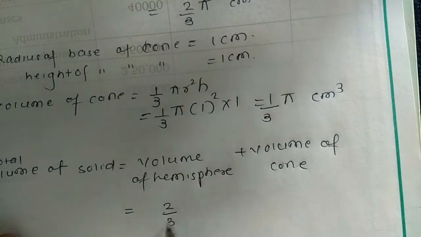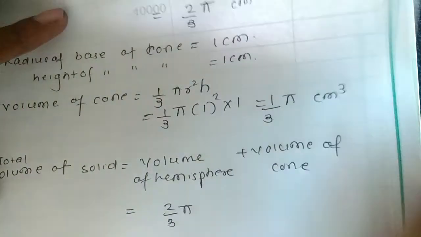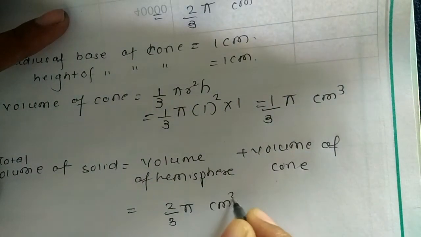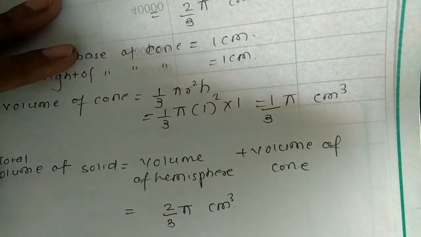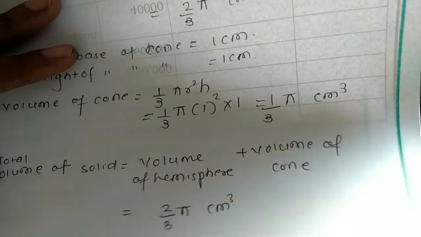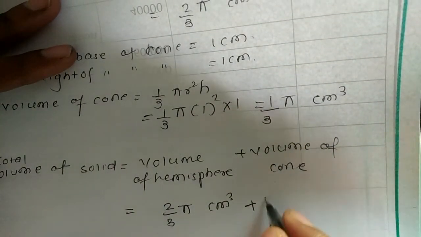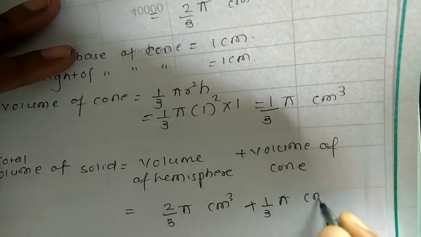The volume of the hemisphere we got as 2 by 3 pi cm cube. If you don't want to write the unit here, it's okay, you can write it when you get the final answer. Then the volume of the cone is 1 upon 3 pi cm cube.